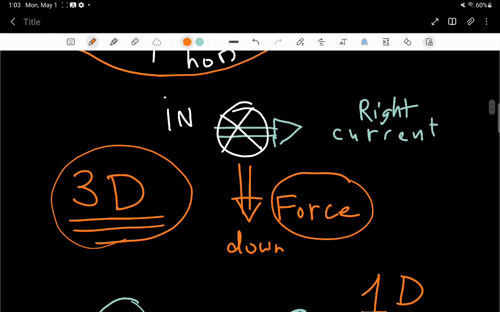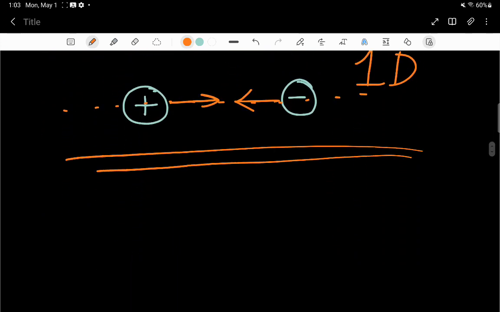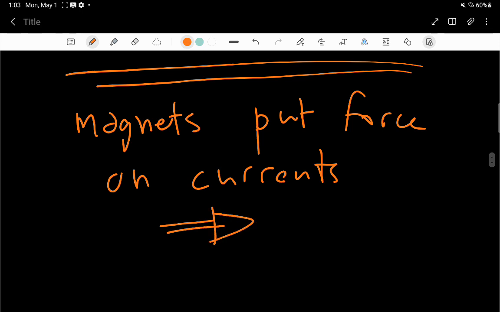So if you sort of exploit this connection, magnets put force on currents, you can create the situation of a motor.